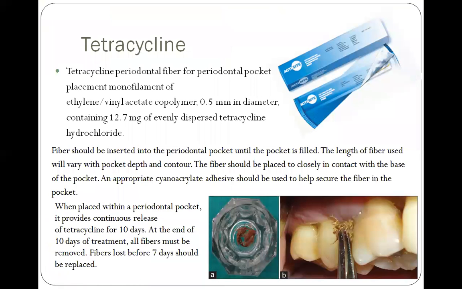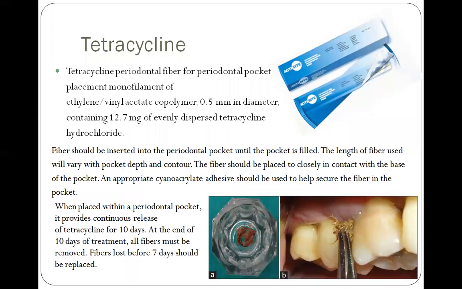We will start with tetracycline. As we said, tetracycline has the benefit of not acting as a bacteriostatic only, but also reducing the activity of collagenase enzymes that cause destruction of the periodontal tissue.